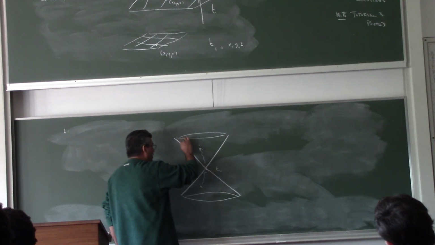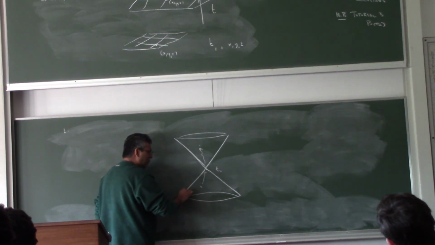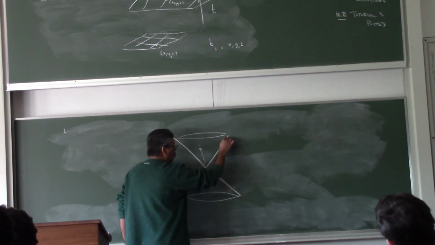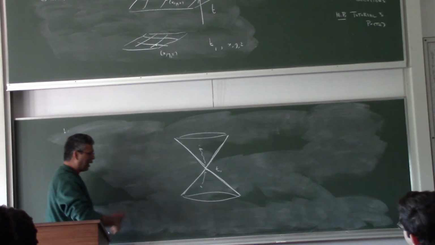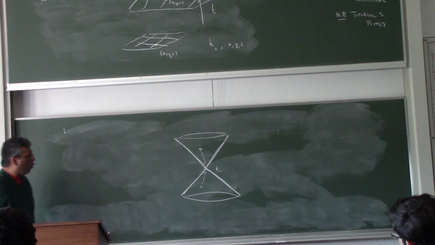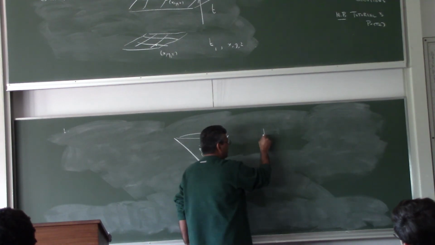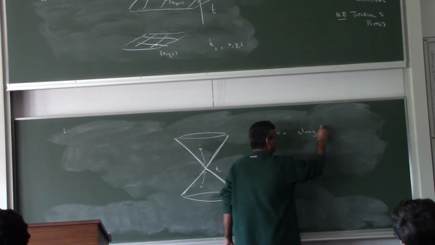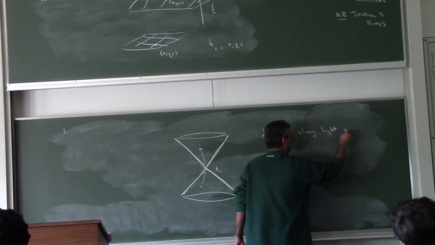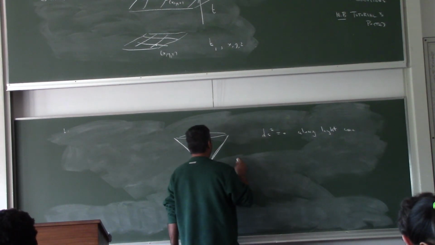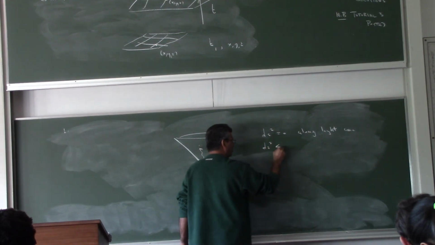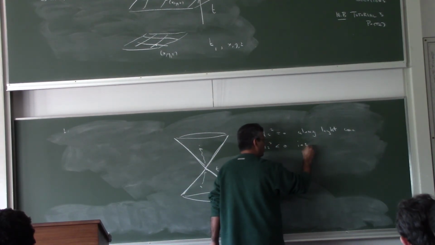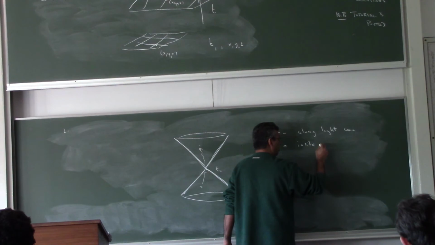And the boundary of the light cone is basically given by where the light rays travel. So along the light cone, distances are 0. And inside the light cone, distances are negative.